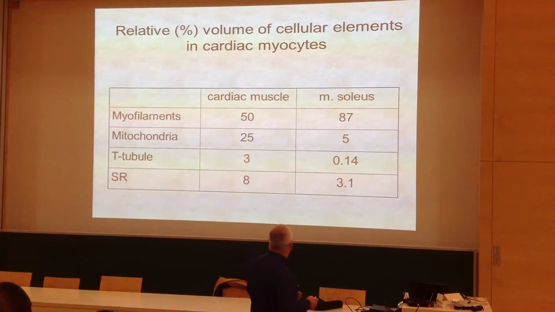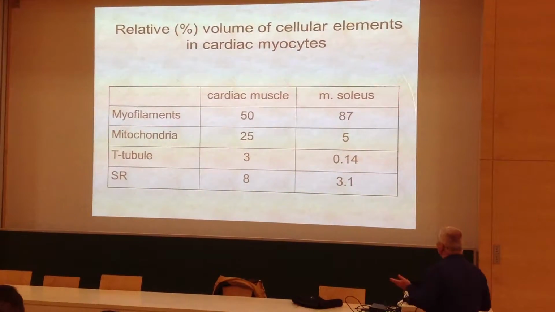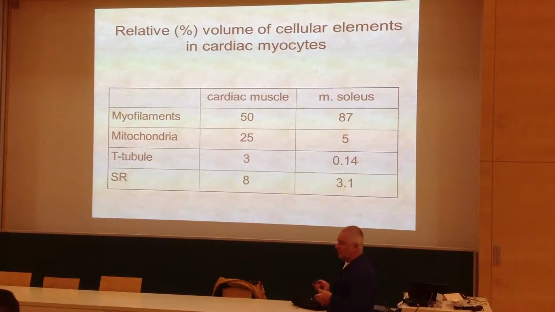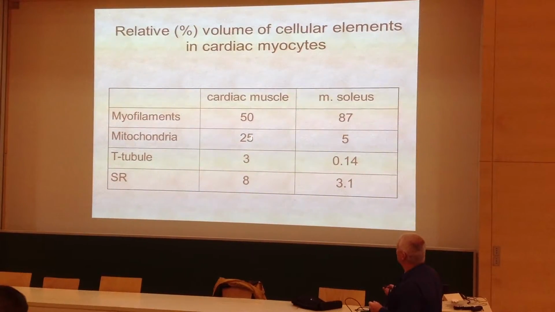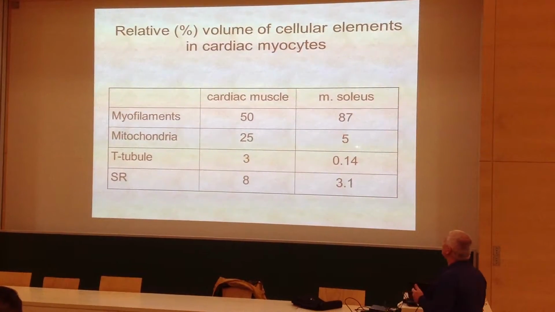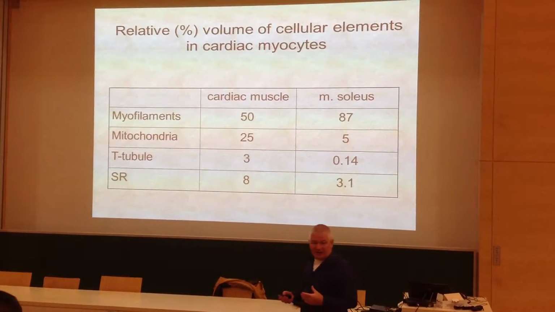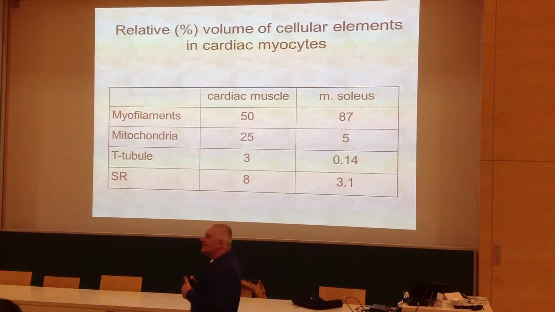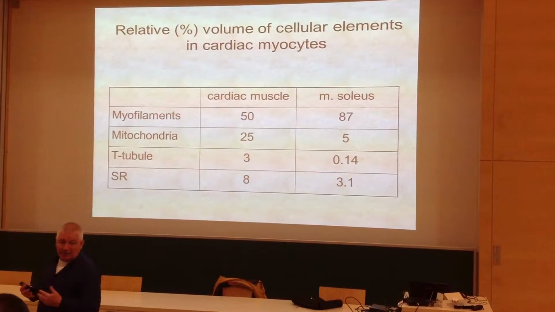Comparing the cardiac myocytes with skeletal muscles, the working volume of mitochondria, tubules, and sarcoplasmic reticulum is much larger in cardiac myocytes, showing that the cardiac myocytes keep working during the whole lifespan of the organ, the human being.